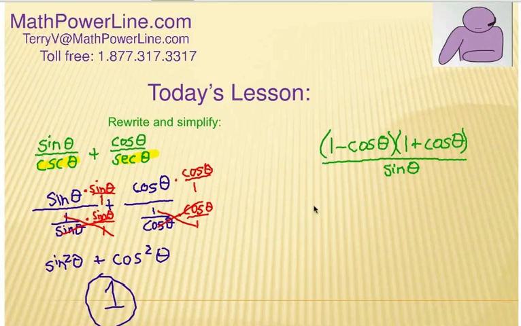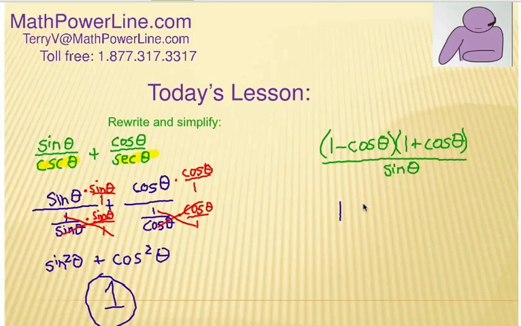All right, what do we do over here? We have 1 minus cosine theta times 1 plus cosine theta all over sine theta. Now we're going to use the FOIL method to multiply this out, and you do notice that this is a plus minus pattern, which will give me a difference of 2 perfect squares.